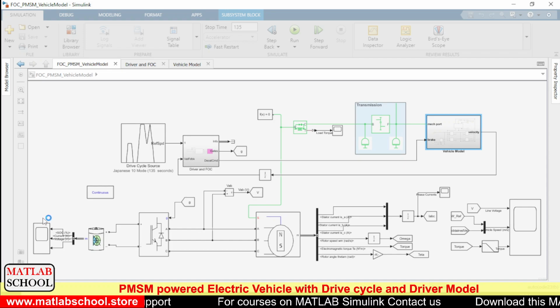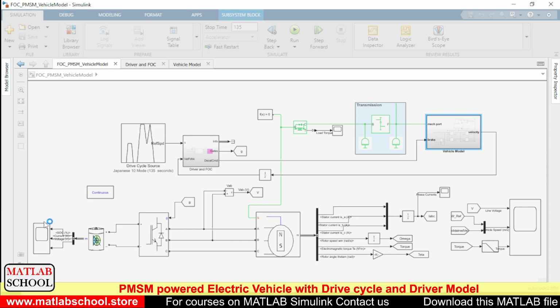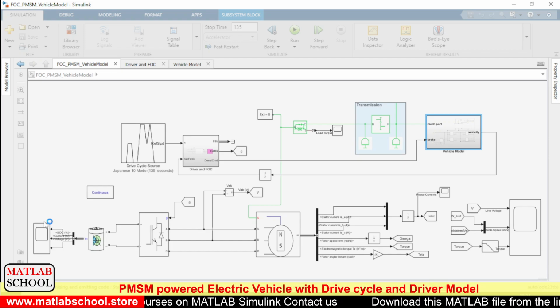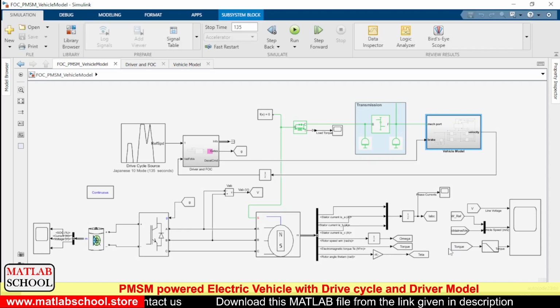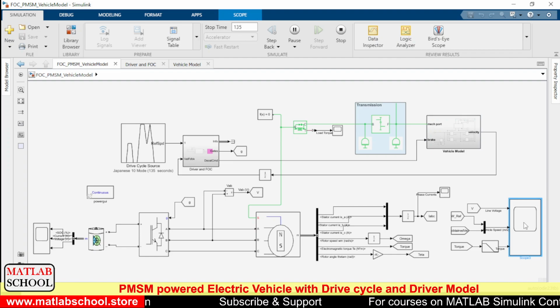And here we can measure the battery parameters like SOC of the battery, current, also the voltage of the battery. So there will be some gap, initially gap in the sense the vehicle speed has to be maintained at 0 initially as per the drive cycle.